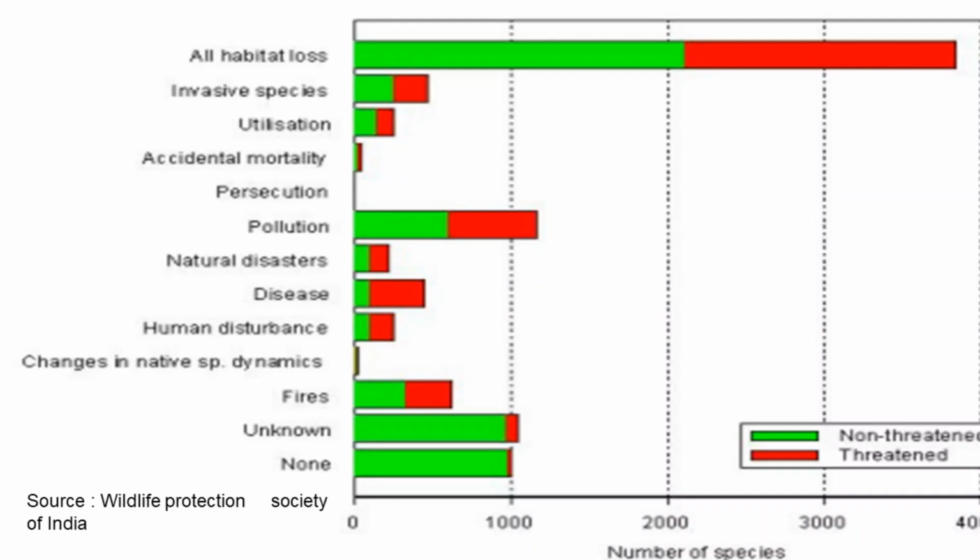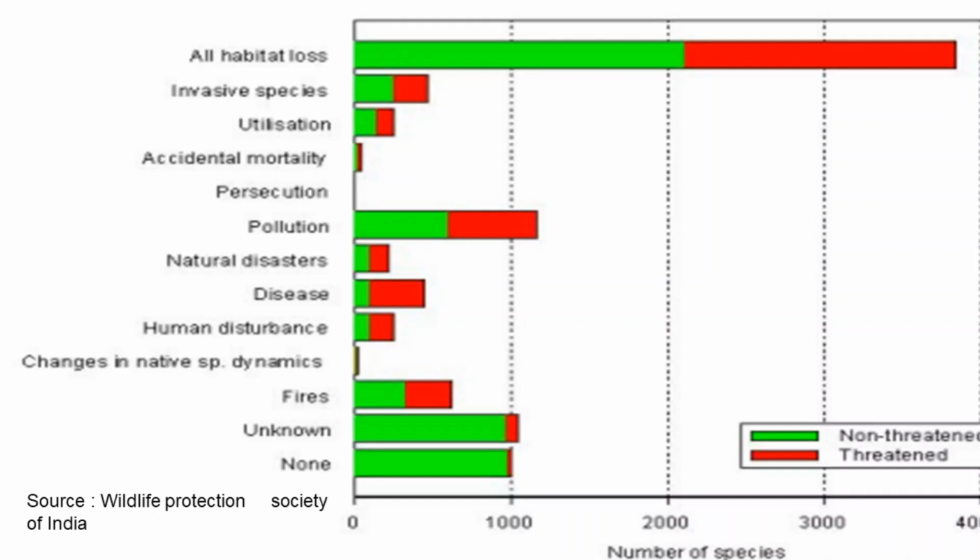When it comes to invasive species, there are fewer threatened species affected when compared to non-threatened species. The same thing with utilization also. Accidental mortality is very low. Persecution, there is not much persecution.